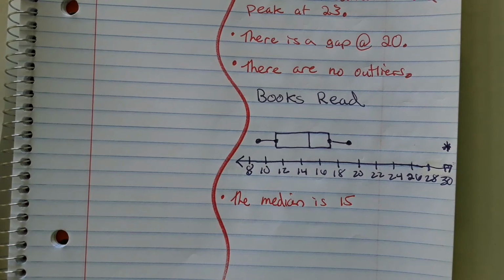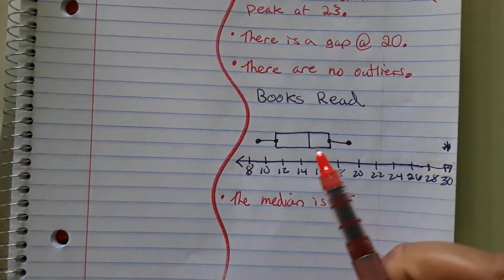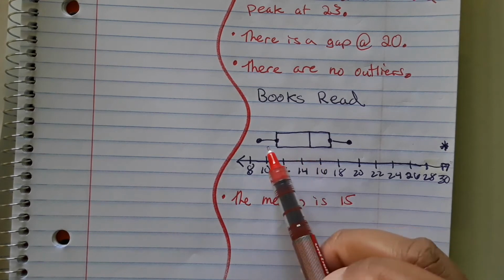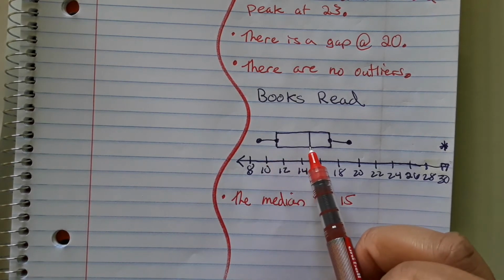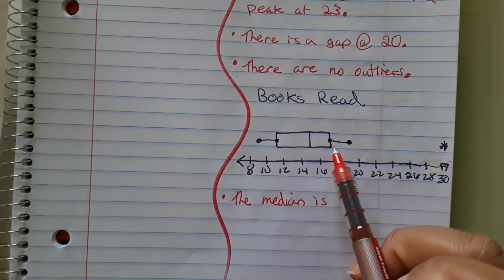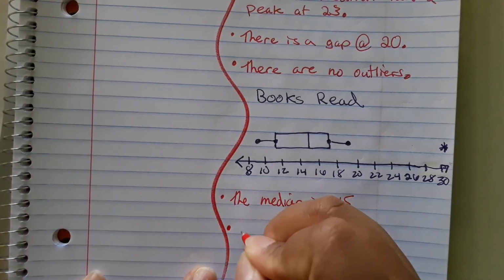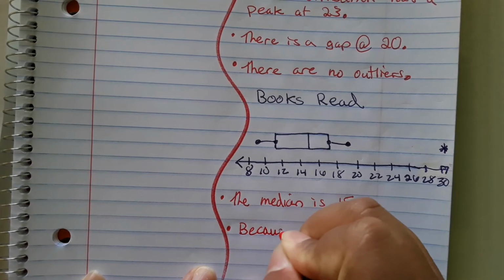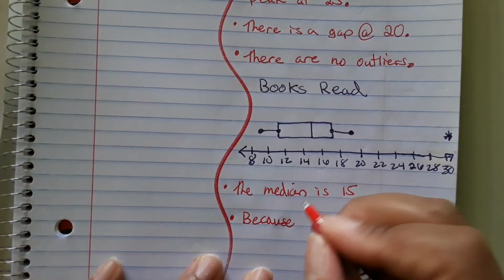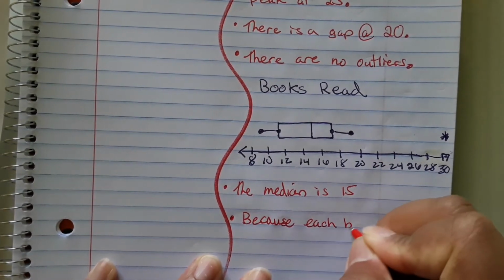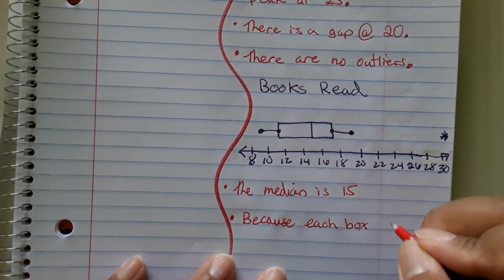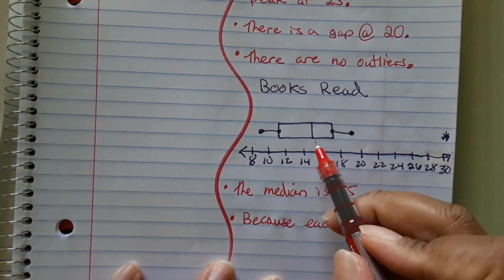All right. From here, notice that this left-hand side here, the box is much longer than here on the right-hand side. So what we could say is that because the boxes are not the same length, and let's identify the whole box and whiskers.